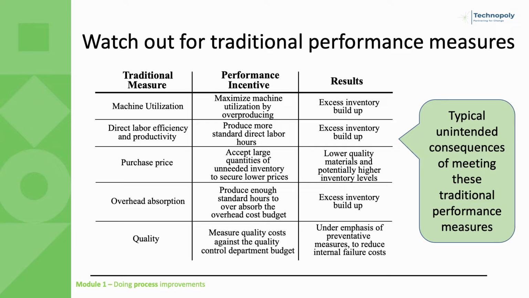Oftentimes, people are so focused on the measure that they end up pursuing the opposite effect of their improvement. It often results in either an excess buildup, lower quality, or even an overemphasis on purely reducing cost. Therefore, we need to be mindful when we look at our measures that they do not condition us to think about improvement in a negative way.